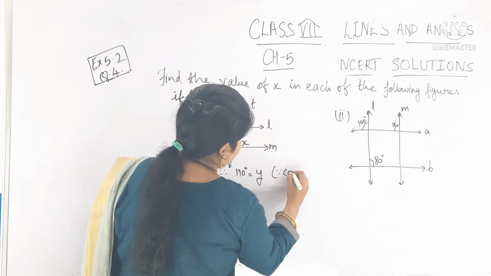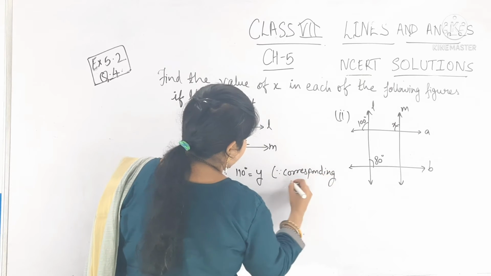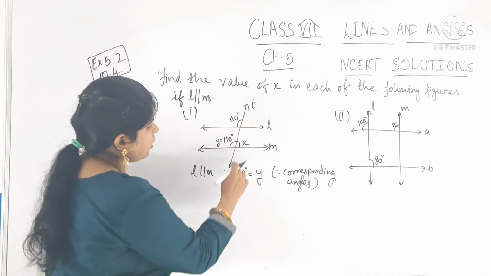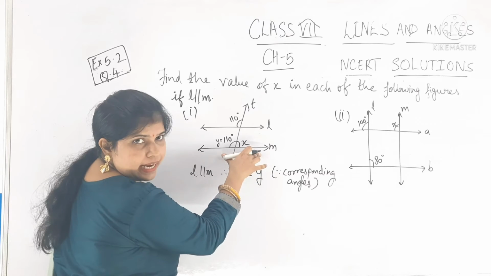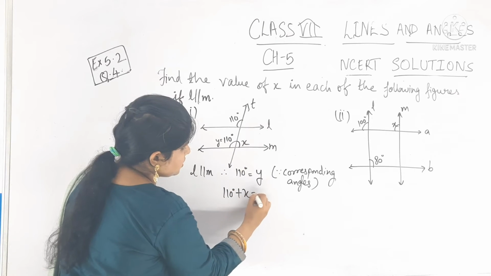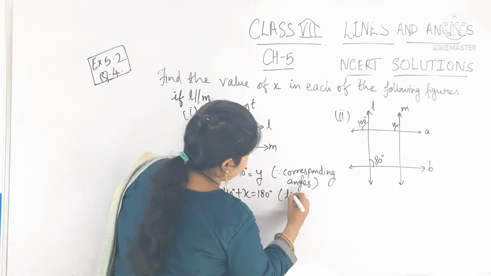because of corresponding angles, right? Now this x, this is the straight line. So 110 degree plus x equal to 180 degree because of linear pair.